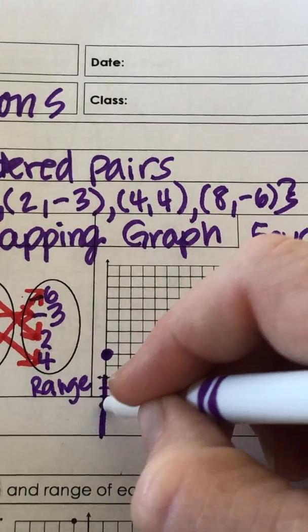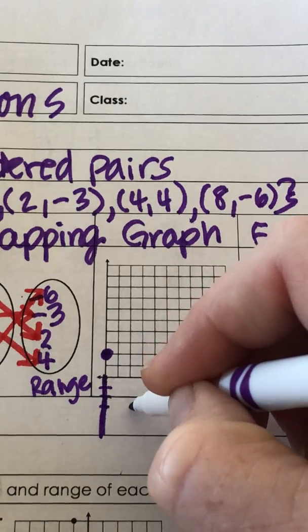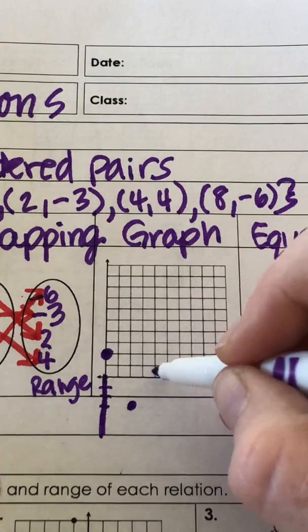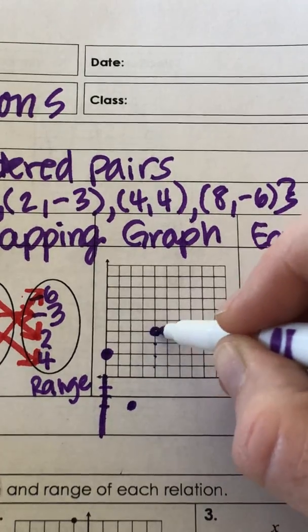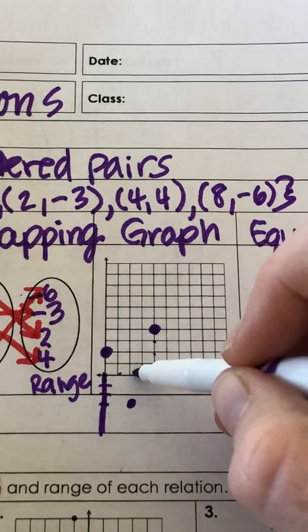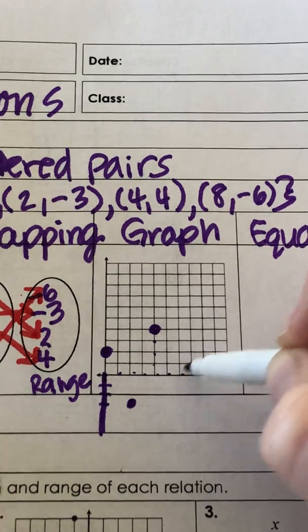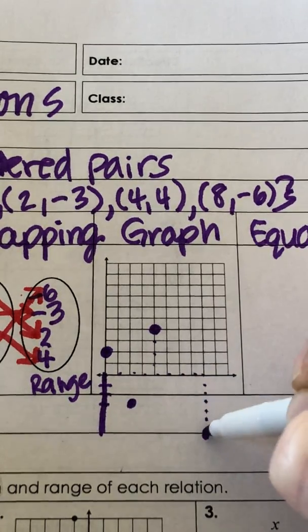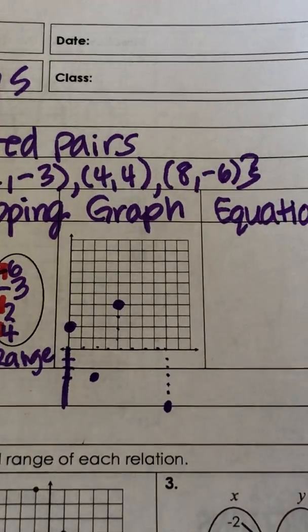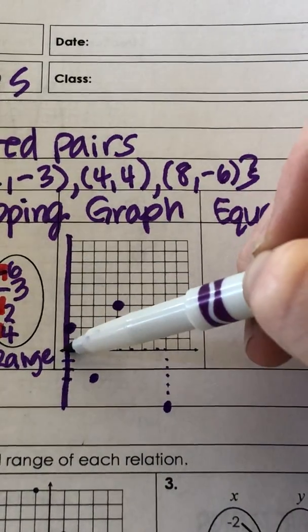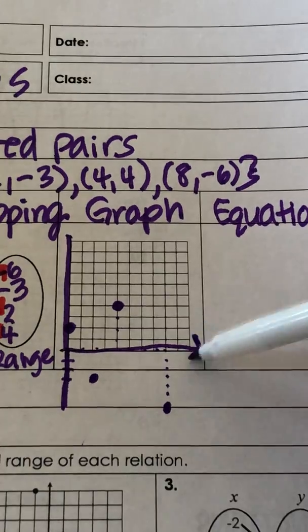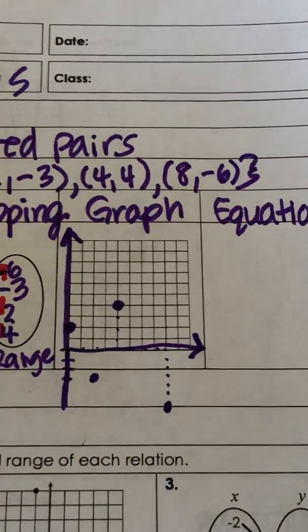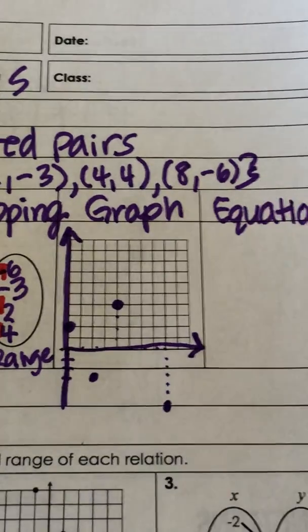So negative 3, 2, negative 3, here we go. 4, 4, 1, 2, 3, 4, and 8, negative 6: 1, 2, 3, 4, 5, 6, 7, 8, negative 1, 2, 3, 4, 5, 6. Sorry, I didn't realize these axes are making an L, not a T. So that was kind of a bad set of ordered pairs that I thought of.